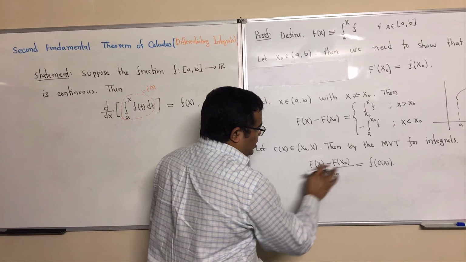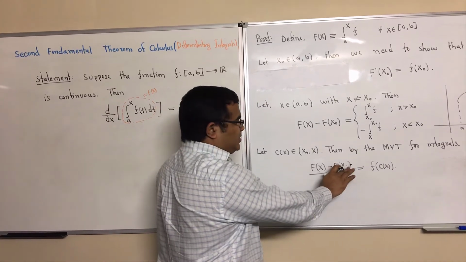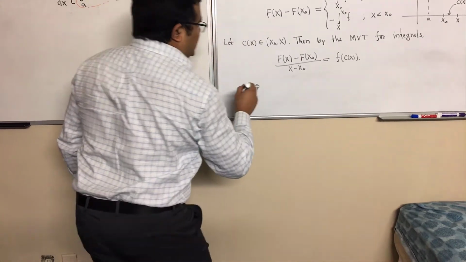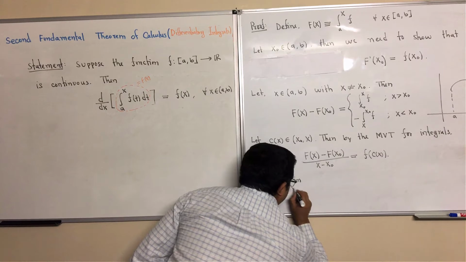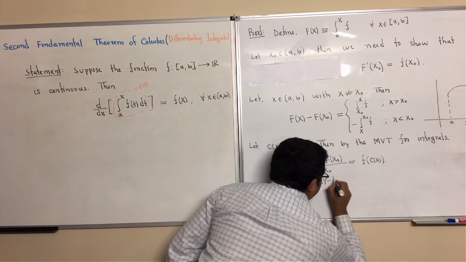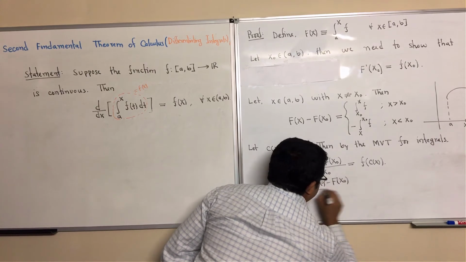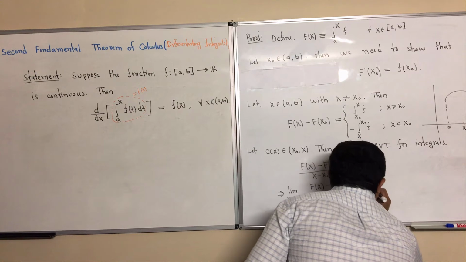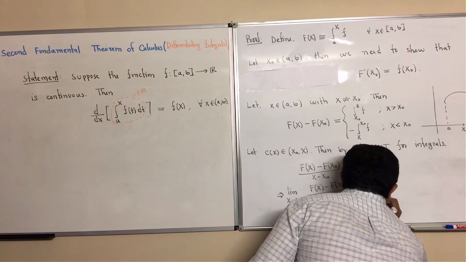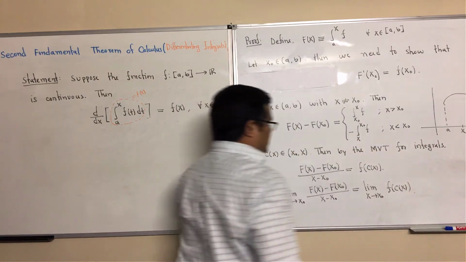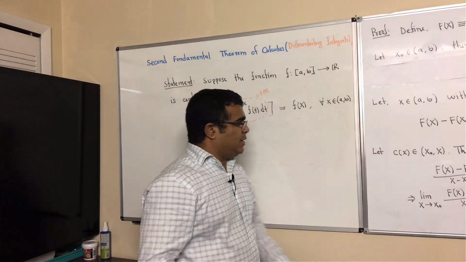That's why we wrote F(x) minus F(x0). Now we take the limit on both sides: the limit as x approaches x0 of (F(x) minus F(x0)) over (x minus x0) equals the limit as x approaches x0 of f(c(x)).